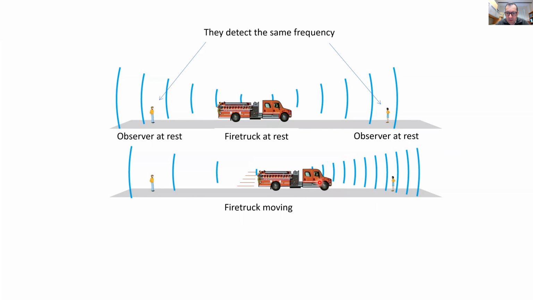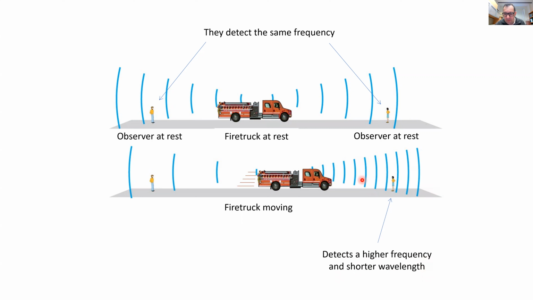So these wave fronts tend to bunch up in front of the source of sound. And as a result, the observer who's here on the ground at rest receives more wave fronts per unit of time than she did when the truck was not moving. So she will detect a higher frequency and a shorter wavelength.